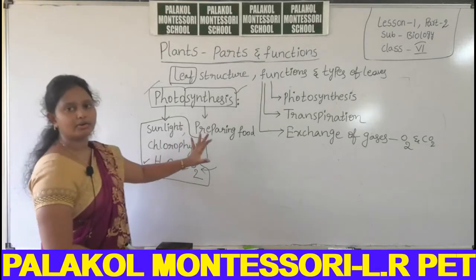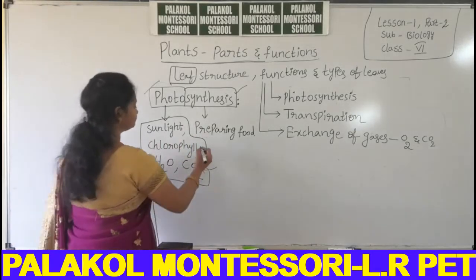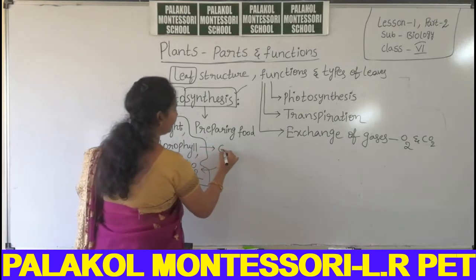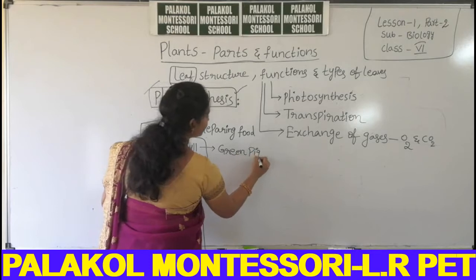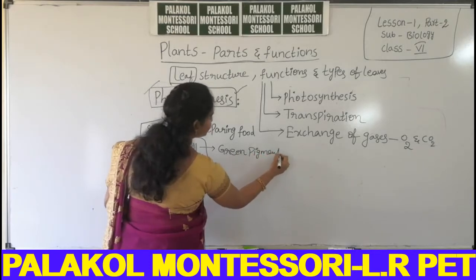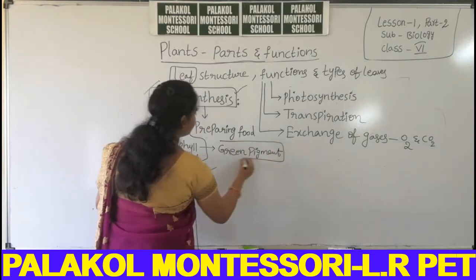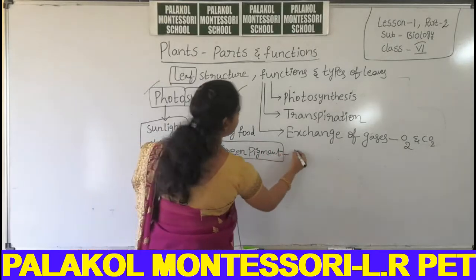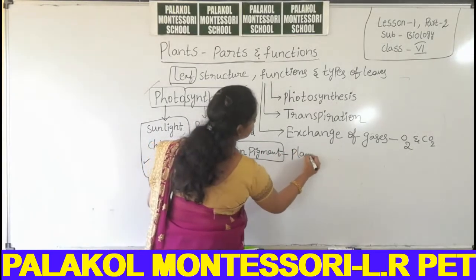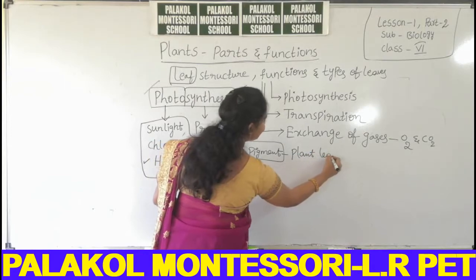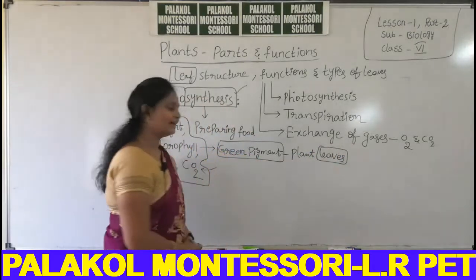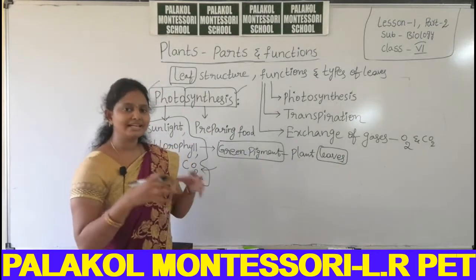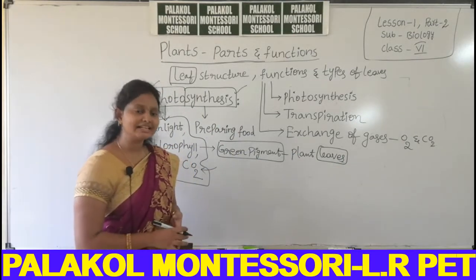Then chlorophyll. Chlorophyll is a green pigment present in the plant, especially in leaves. Why are the leaves green in color?